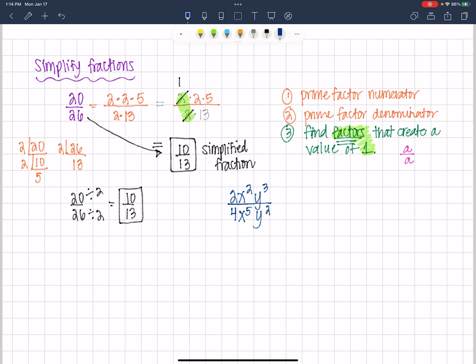So it's not as easy to simplify an algebraic fraction when you were used to just dividing out numerical values. So we're going to practice simplifying fractions using our prime factorization. So let's do another one of these problems.